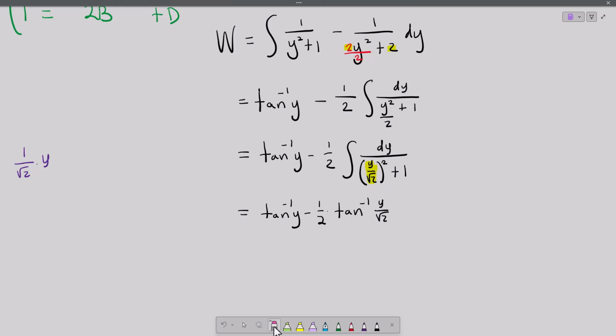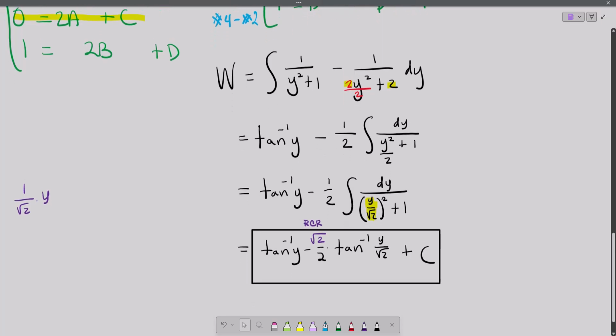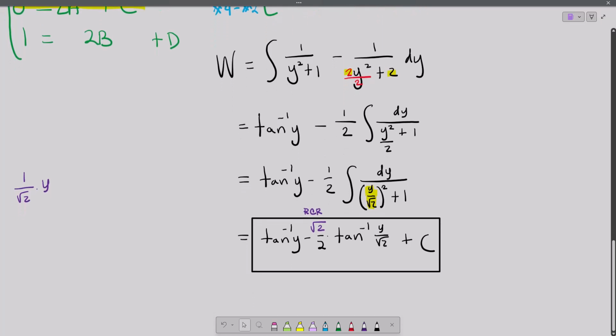So that tells us this right here is going to become a root 2 from the RCR. So that is from reverse chain rule. And then we have our plus c. So there is our final answer with this irreducible quadratic.